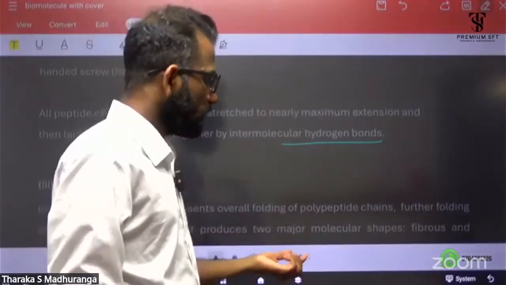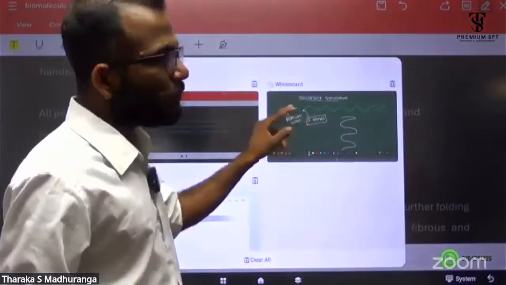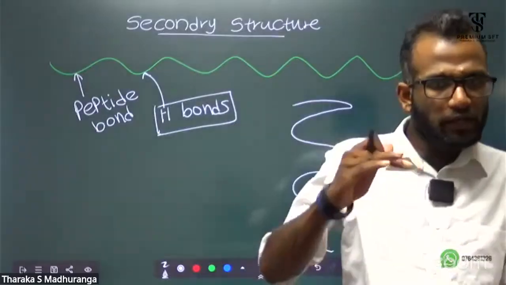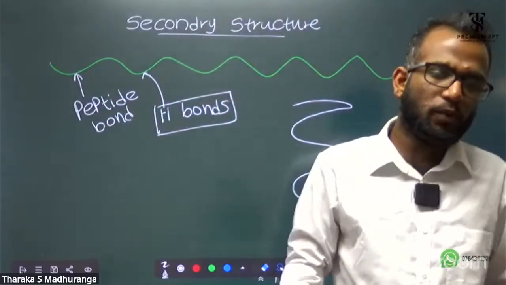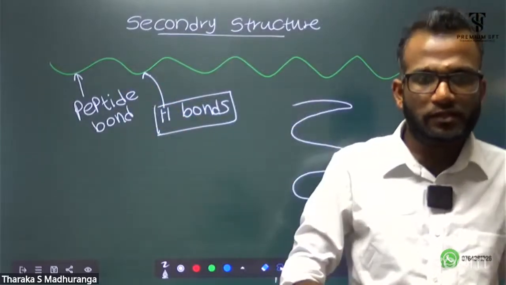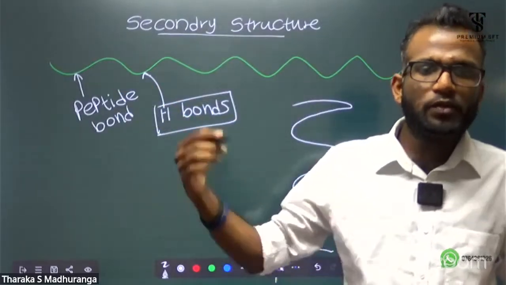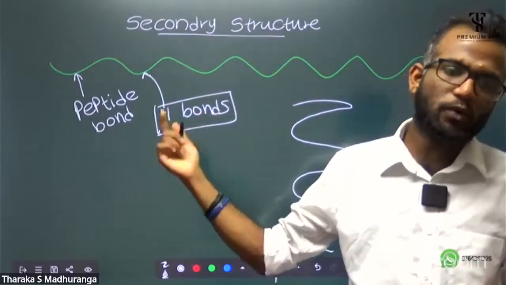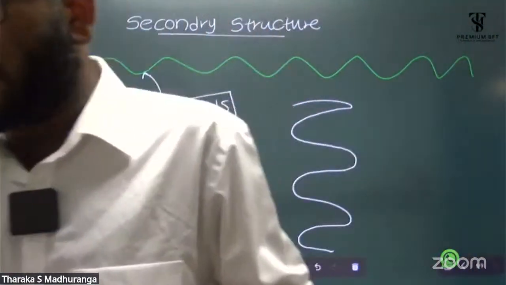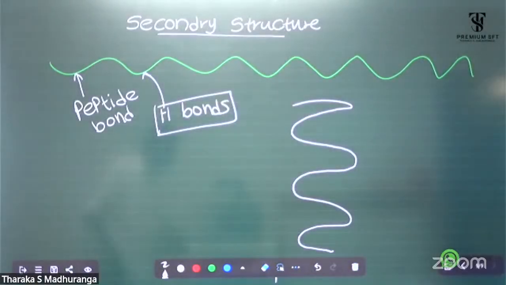That's the main point. Now what's the point in secondary structure? When the length of the polypeptide chain increases, its shape takes the helix, folding structure, due to the formation of hydrogen bonds in addition to peptide bonds.